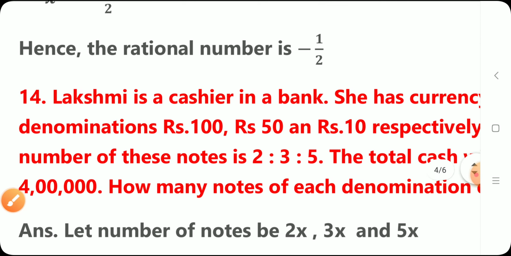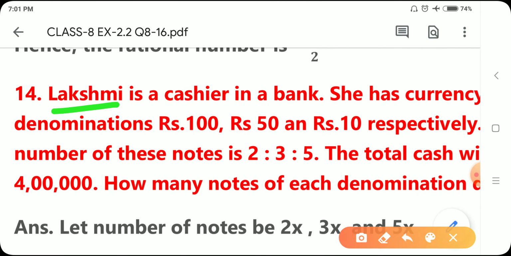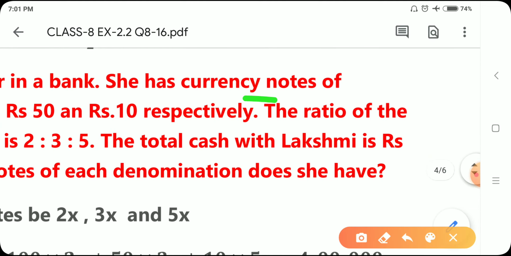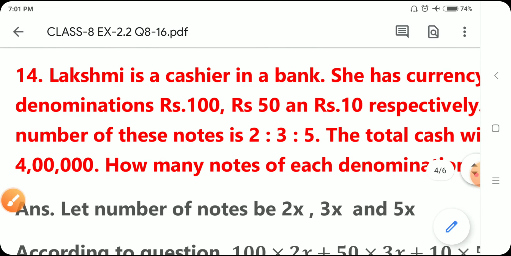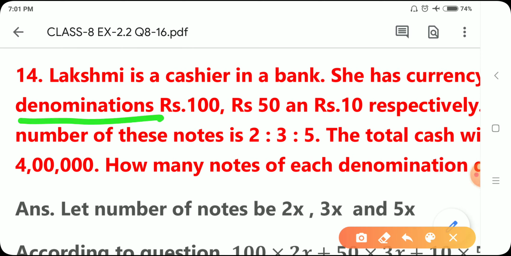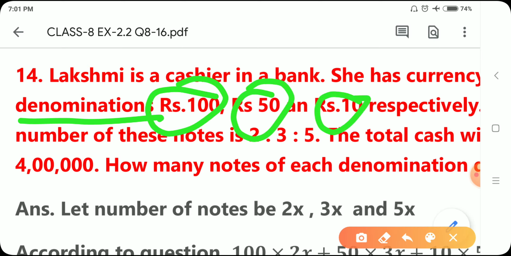Next question is question number 14. Lakshmi is a cashier in a bank. She has currency notes of different denominations. Denomination means their value. Their notes value is rupees 100, rupees 50 and rupees 10.